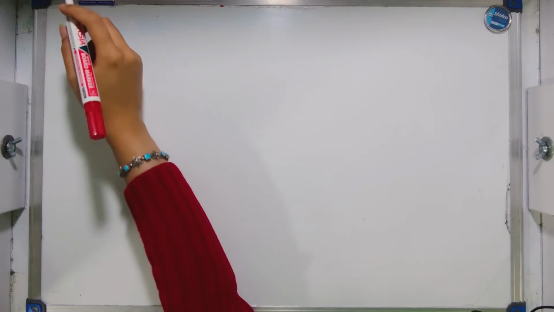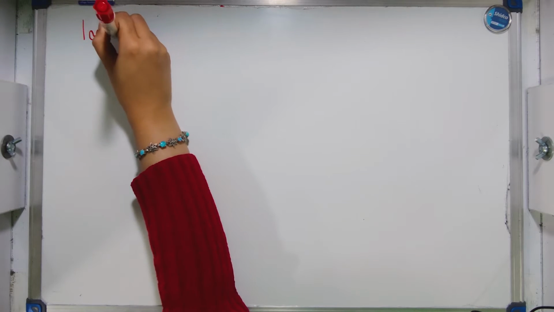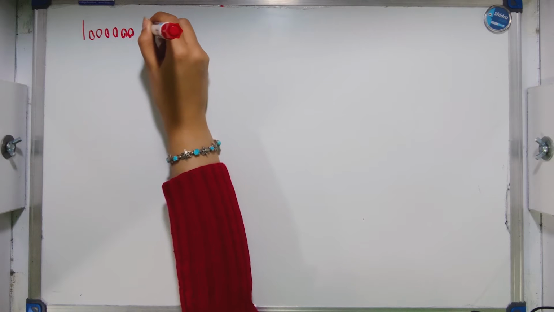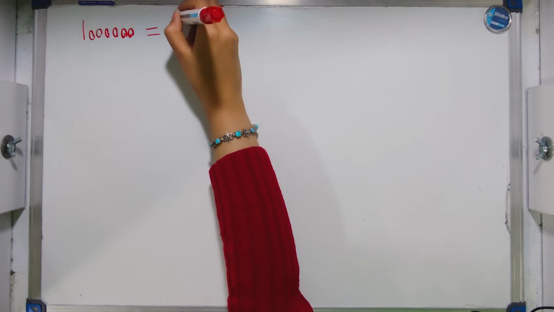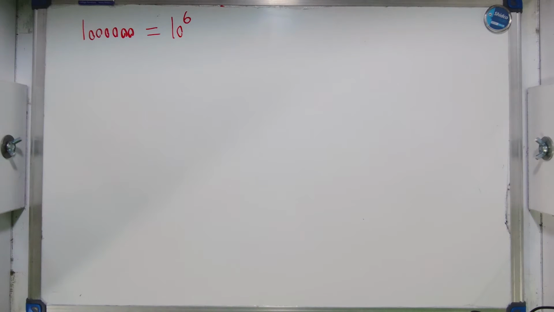So, if you want to show a very big or very small number, it's better to use scientific notation. Instead of writing 1 with 6 zeros, I simply say it is 10 to the power of 6.